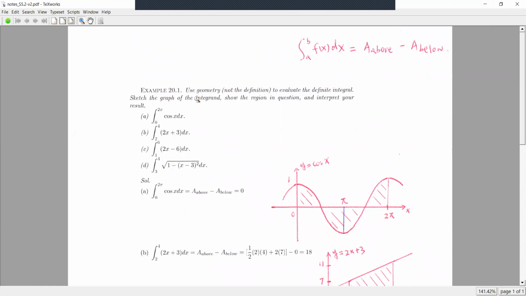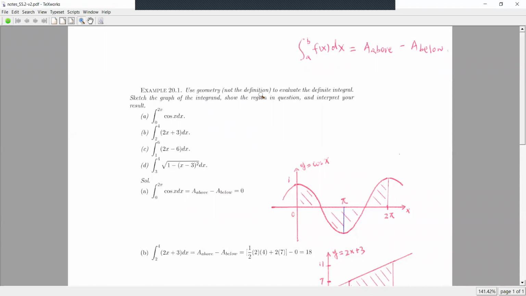Example 1. Use geometry, not the definition, to evaluate the definite integrals below. Use geometry, not the definition. The definition is tedious, right? Four steps.